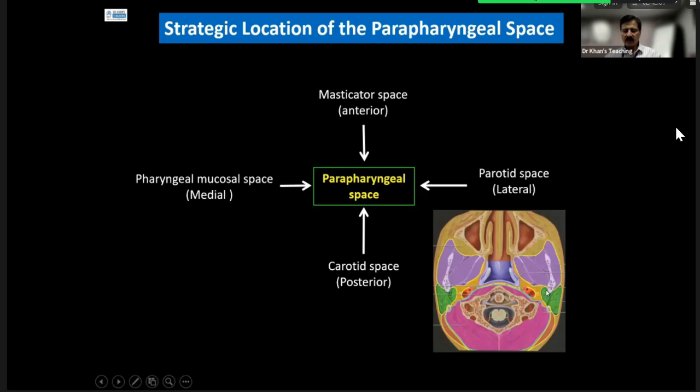If there is a mass here, it will displace from the lateral side, so the parapharyngeal space or the fat will move medially. Carotid space is posterior, so a mass in the carotid space will displace it anteriorly. On the other hand, in the pharyngeal mucosal space, for example squamous cell carcinoma will displace the parapharyngeal space laterally.